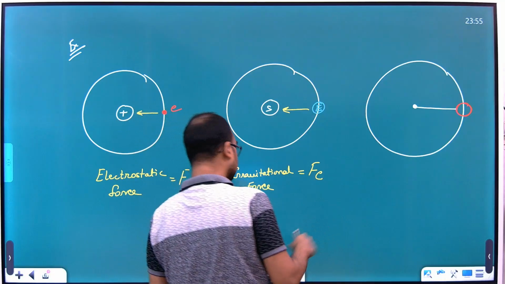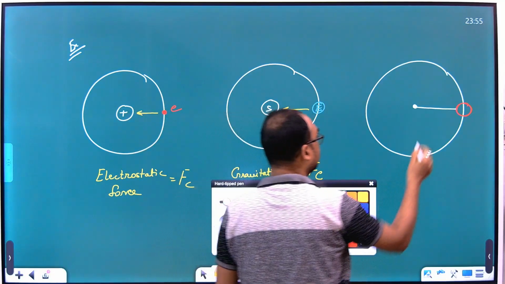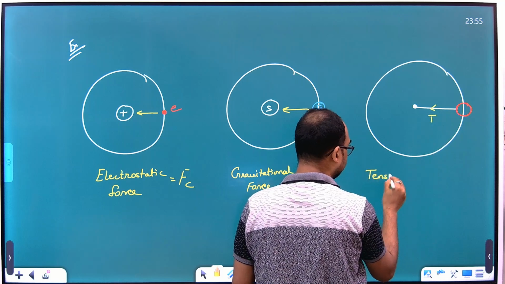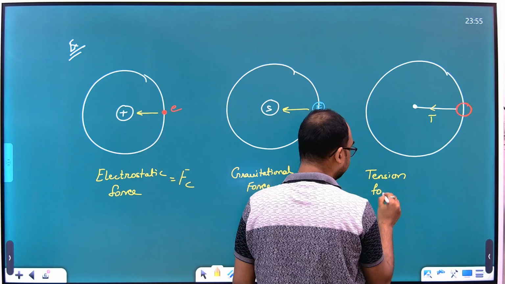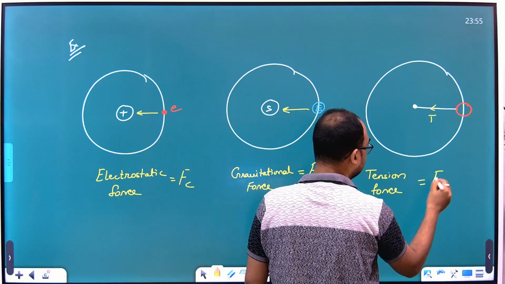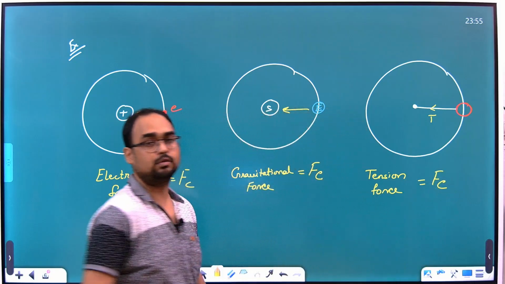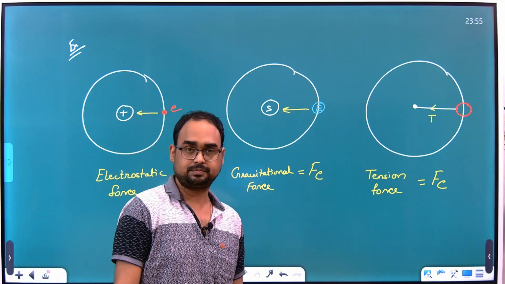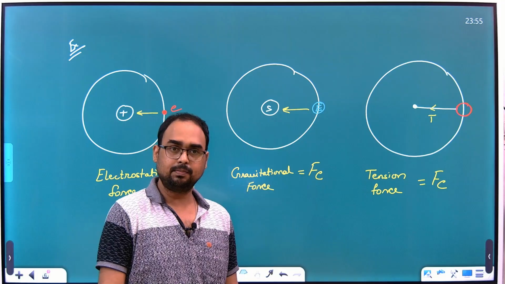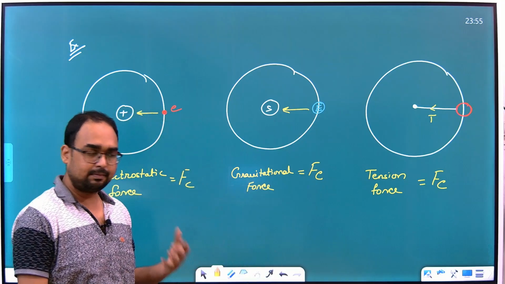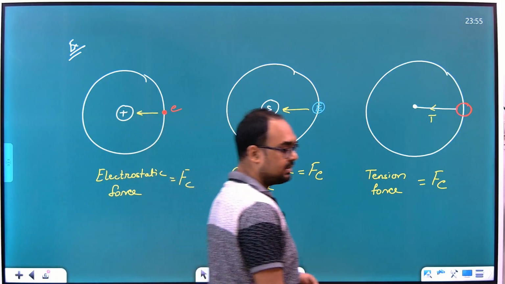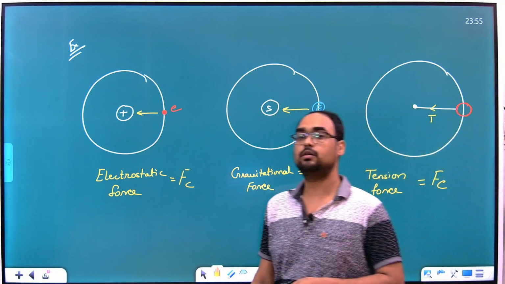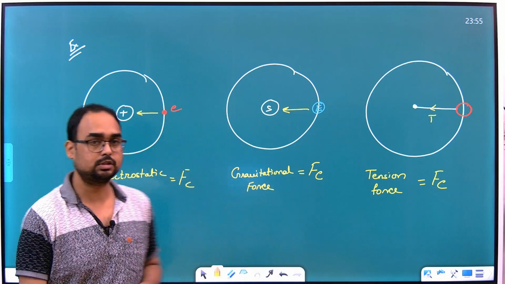In this case, the force generated towards the center is known as the tension force, denoted by T, which is actually the centripetal force. Okay, so these are basic daily life examples that can be correlated with the centripetal force. Just go through them once.